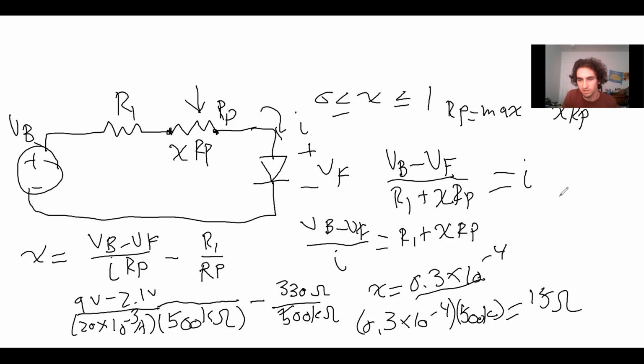That should make sense because in the first case, when we solved for 20 milliamps, we said, oh, 345 ohms, right? But we used the 330 ohm. So 330 ohm plus 15 ohm, oh, that's the 345 that we solved for in the beginning.